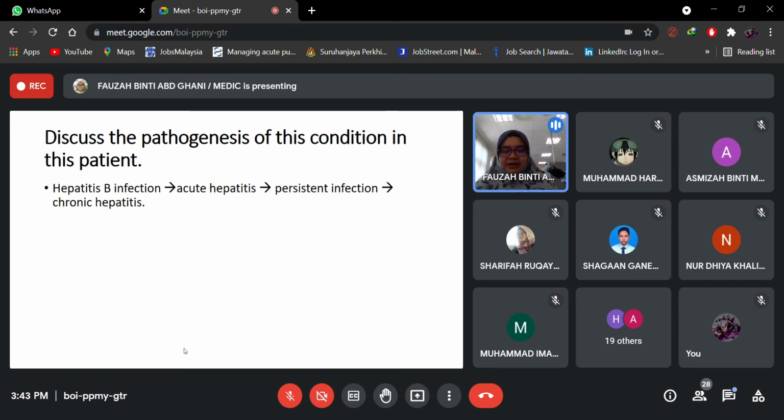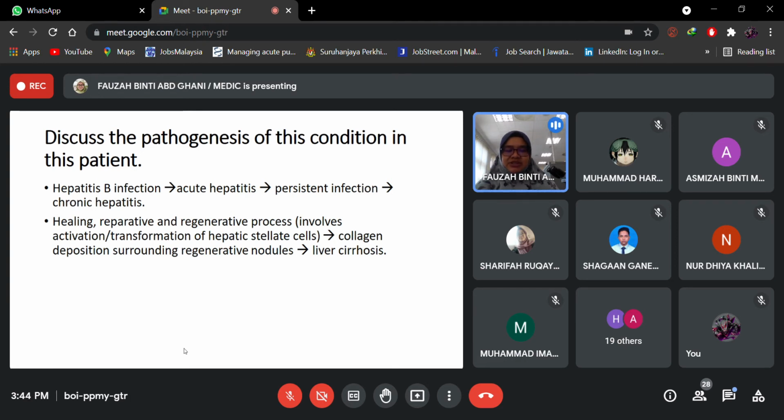On another arm, acute hepatitis can be very severe, leading to fulminant liver failure. At the first instance of infection, it can be so severe that the patient sustains a very severe liver failure and can die because of that. But most can have persistent infection and lead to chronic hepatitis.